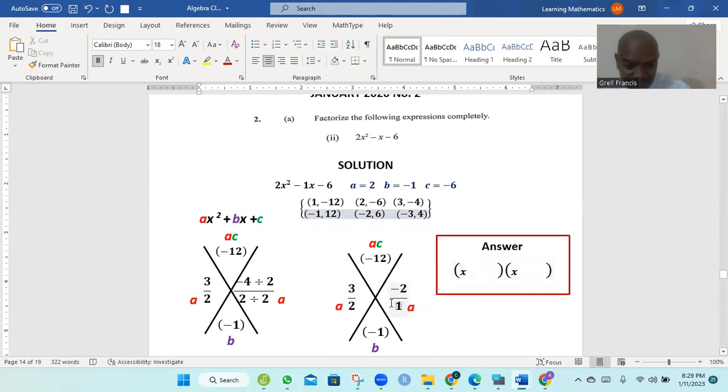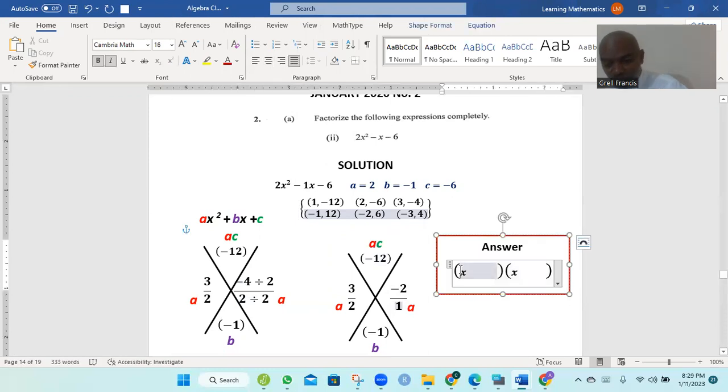The denominators will become the coefficient of x. The denominators will become the number in front of x. So the denominators are 2 and 1. So 2 will be the coefficient of x, and 1 will be the coefficient of x.